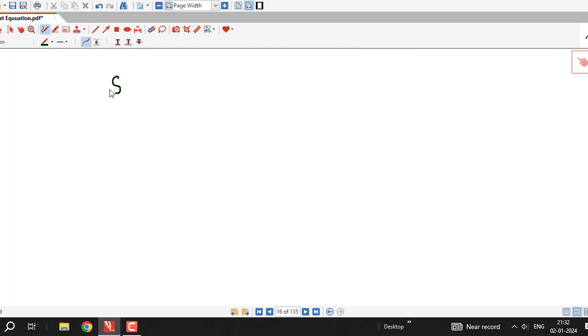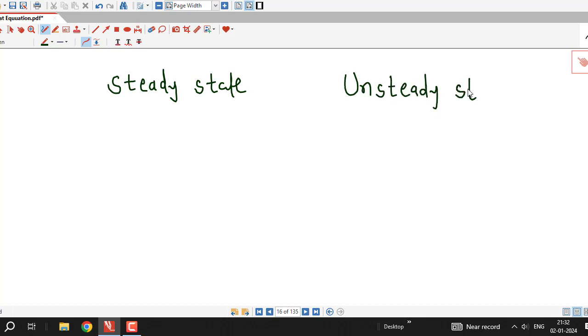two states of the system which are known as steady state system and unsteady state system. So what is the meaning of steady state and unsteady state?